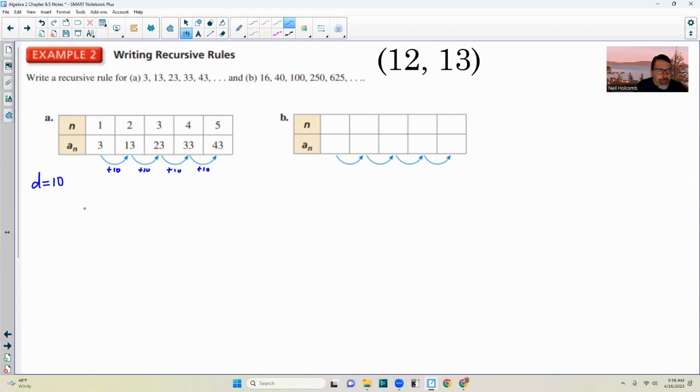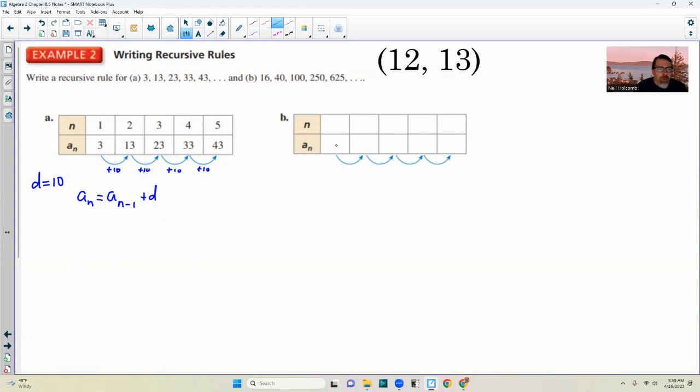So I write the formula, a sub n equals a sub n minus 1 plus D. And that's all there is to it. So that's A. So our recursive rule is a sub n is the term before plus 10.